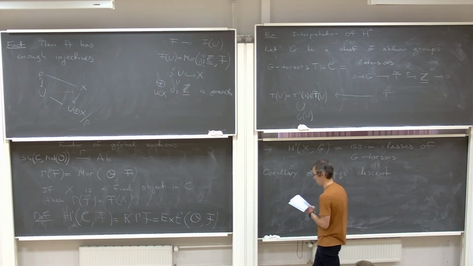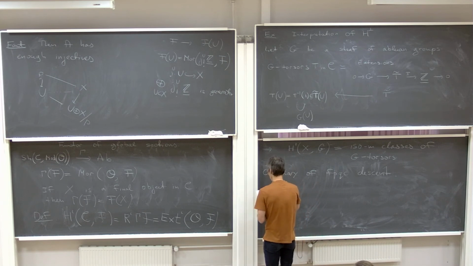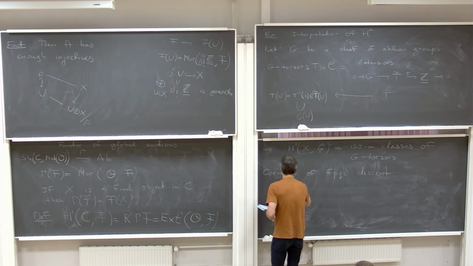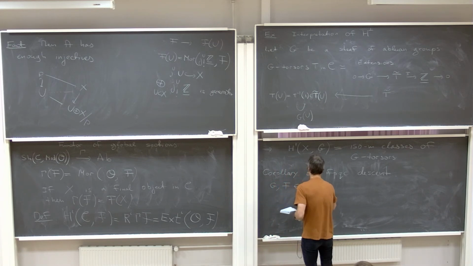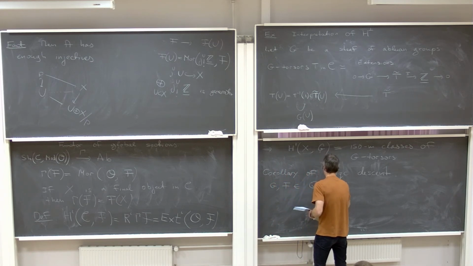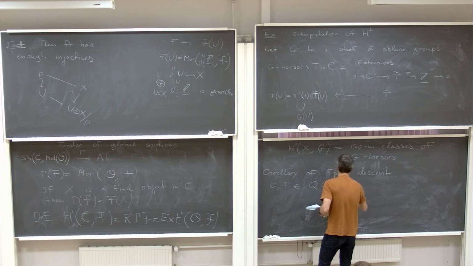Suppose we are given two quasi-coherent sheaves, G and F, on a scheme X.